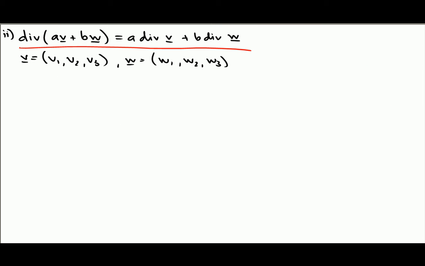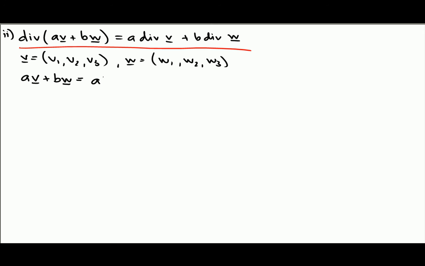We're now going to look at part 2. In this particular case, we're asked to prove the general version of the result we verified in part 1. So we select just two general vector fields, v, which has components v1, v2, v3, and w, which has components w1, w2, w3. We're going to start by constructing the vector field av plus bw.